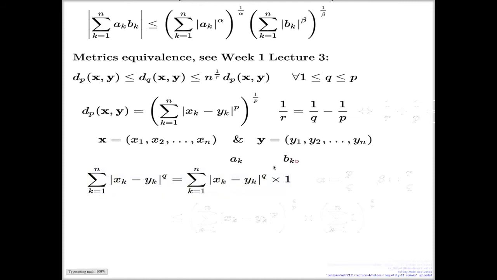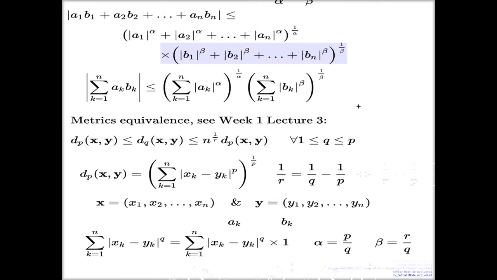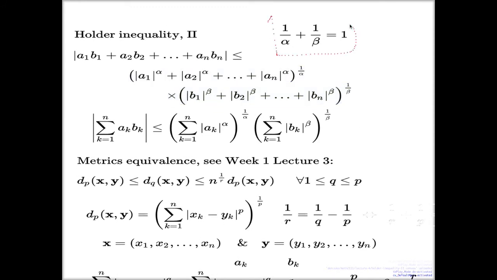This will be A, this will be B. If you call this factor AK, if you call this factor 1 BK, this is a case where you can use Hölder, left-hand side. If I now use Hölder, look what I'm going to choose for alpha and for beta. If I choose this value for alpha and this value for beta, they are subject to this constraint, or this condition.